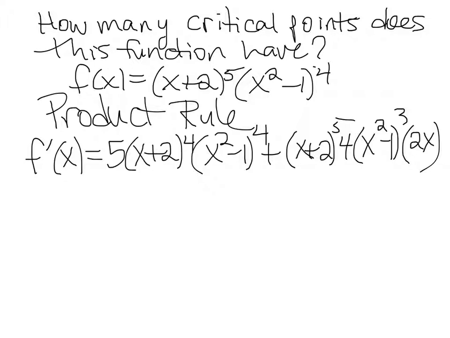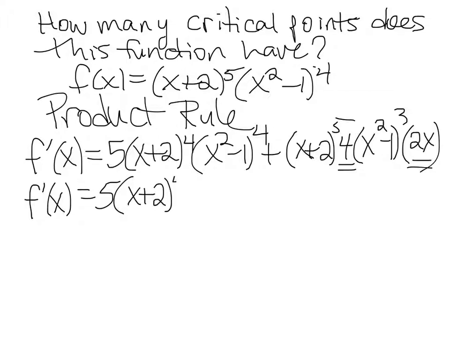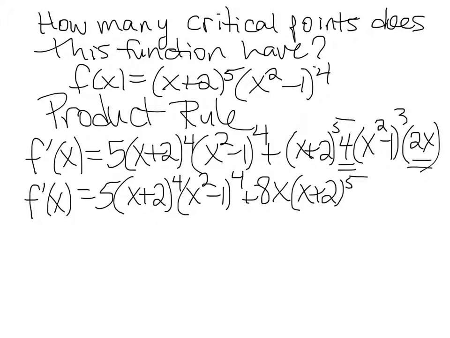This looks like a rather complicated expression to set equal to 0, but we're going to clean it up a little bit first, and hopefully that will make everything easier. So first, let's multiply these terms together: 5(x + 2)^4 (x^2 - 1)^4 plus 8x(x + 2)^5 (x^2 - 1)^3.